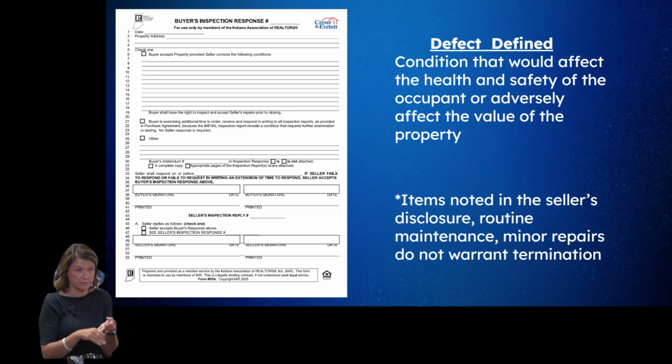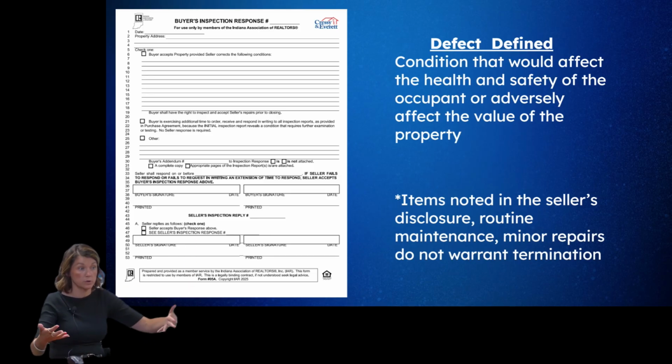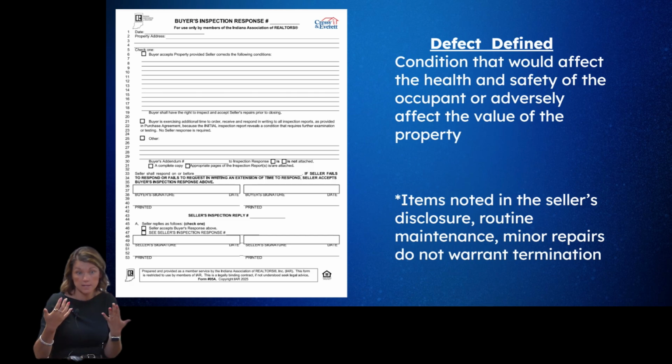They can call and get different opinions, sometimes more if we're in a tricky situation. I just had an oil tank that we thought might have been buried in the yard, and nobody does that around here. It took me forever to find that. We did a billion extensions. But in that case, I said we're going to need more time to investigate this and have somebody come out and look at it.